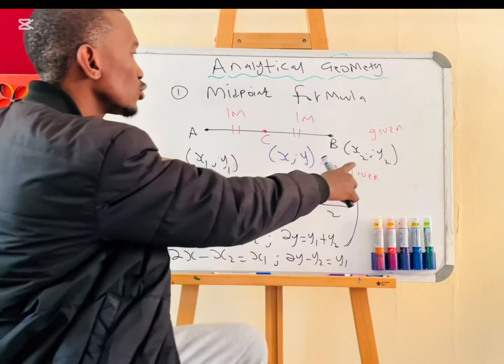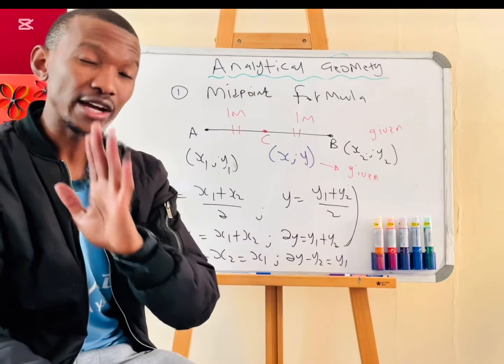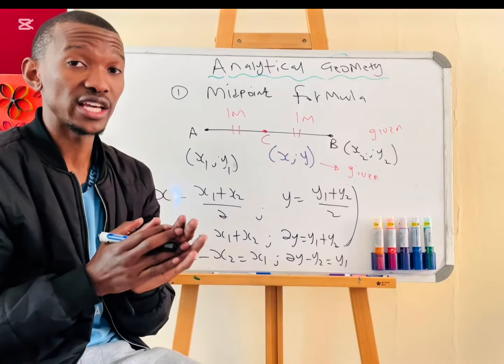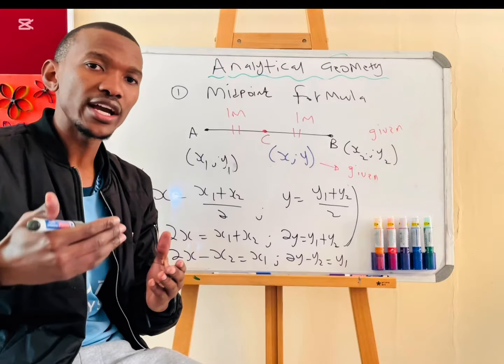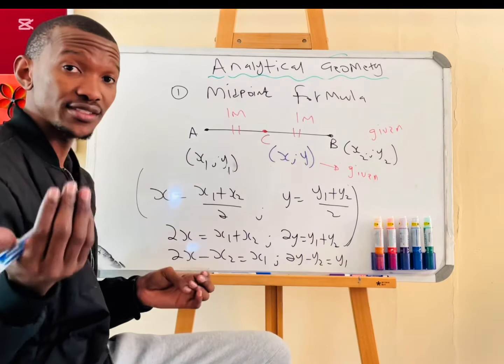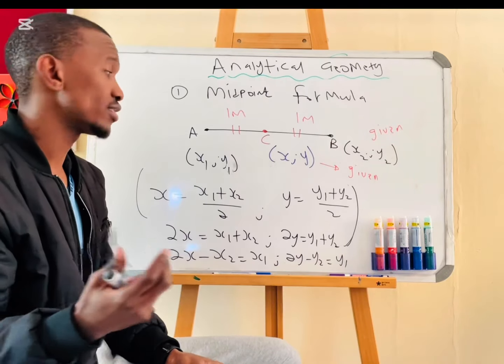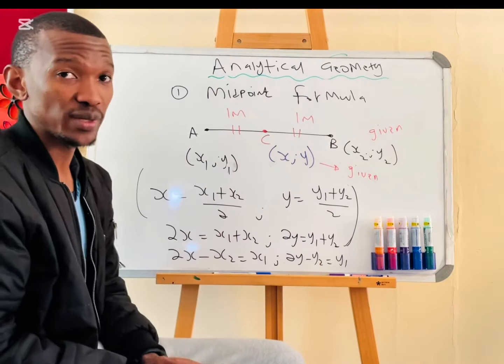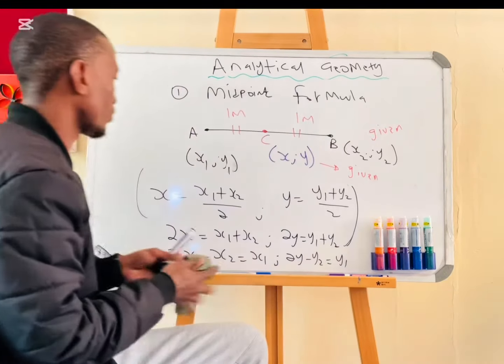But if you are given these 2 points and they are looking for the midpoint, you use the first formula that I've shown you. I hope this will be able to help you. Remember, these are just the basics. I'm going to give you guys questions which we're going to do together, where we use values to actually apply all these basics that I'm just giving you right now. Okay, so let's continue, guys.